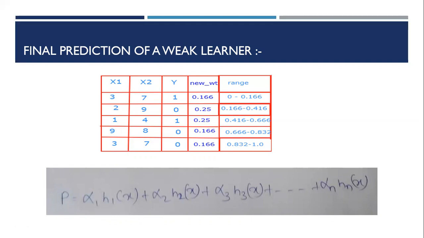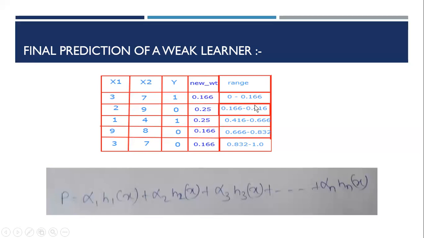Then this old data set will not be sent forward to the next model. Which data set will be taken? Suppose from five randomly picked numbers, two numbers fall inside the range 0.166 to 0.416, and two numbers fall inside the range of the third row.